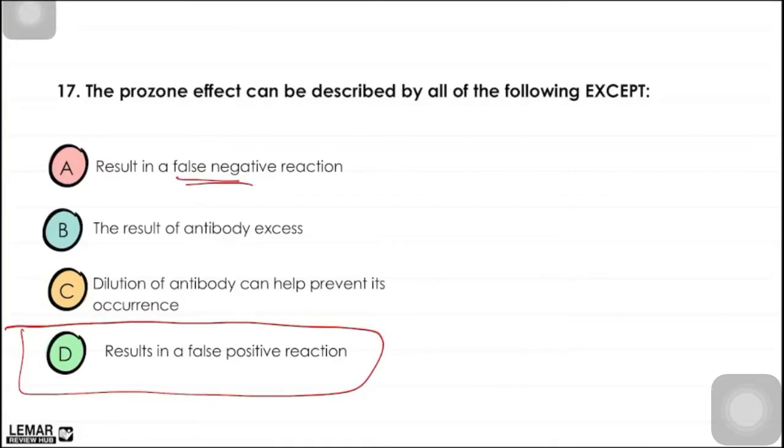So, tandaan natin ang prozone effect, it is a result of antibody excess. That is your prozone. Ang kontra niyan, we have your postzone. Dito naman, instead of excess tayo ng antibody, we have excess of antigen.